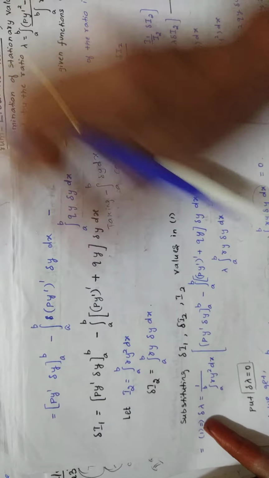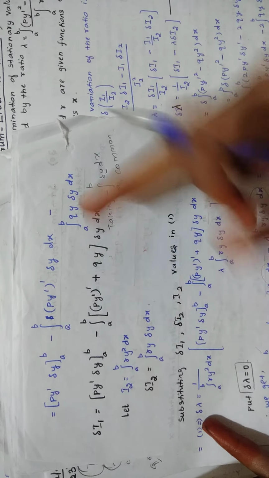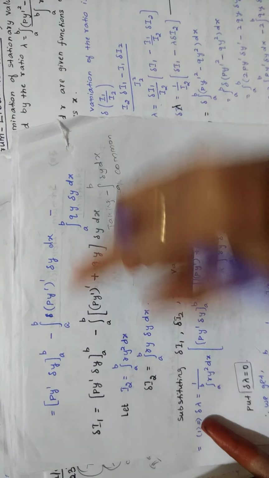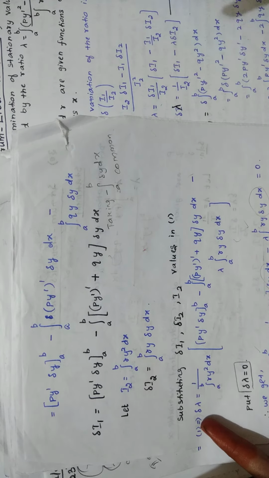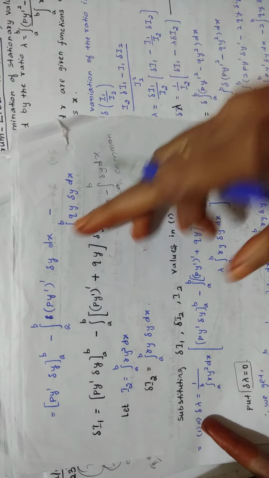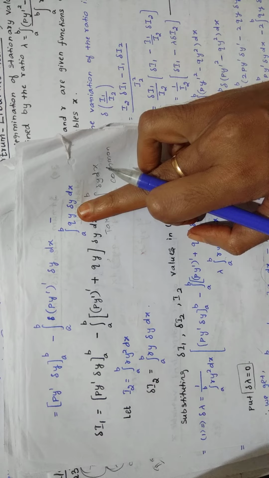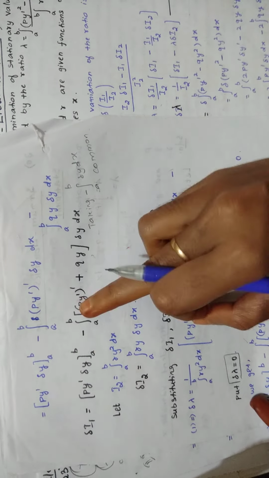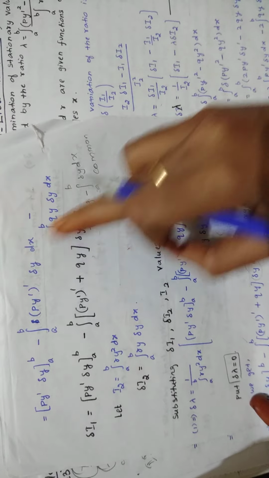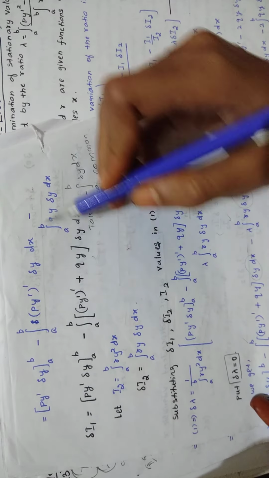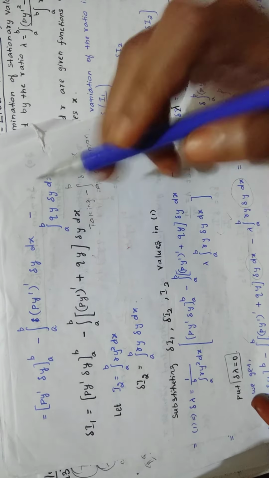In this page, you have integrated it as u dv, minus integral v du, and you are writing this term as it is, like in the previous step. Now from these two terms you can take this integral and delta y dx common.